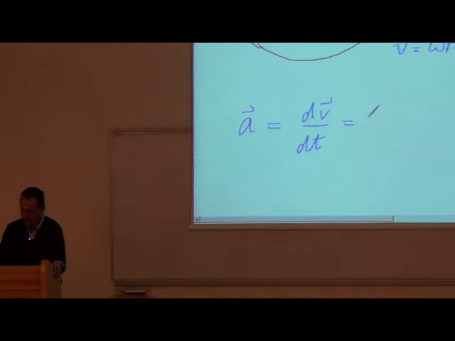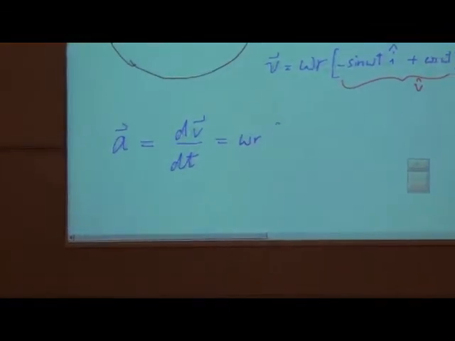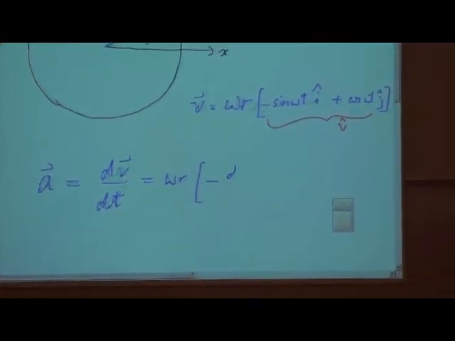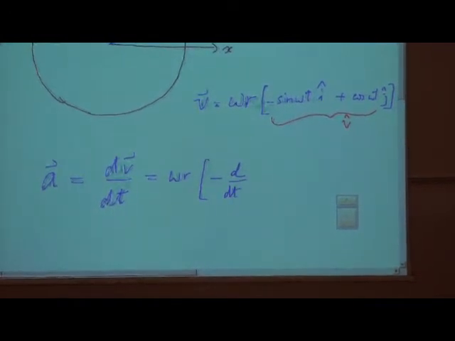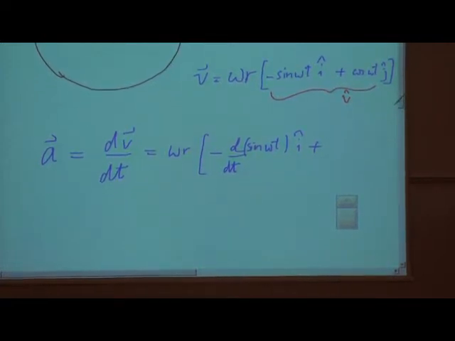I have velocity already, so I have here omega r times minus d/dt of sine omega t i plus the y component of velocity, which has a cos omega t here, so I take its derivative with respect to time.